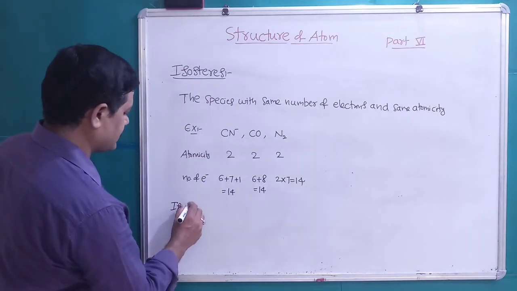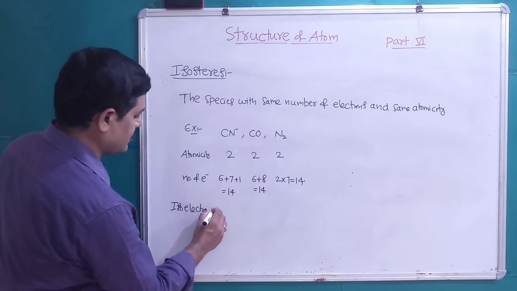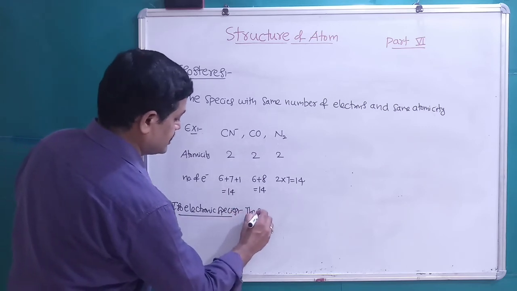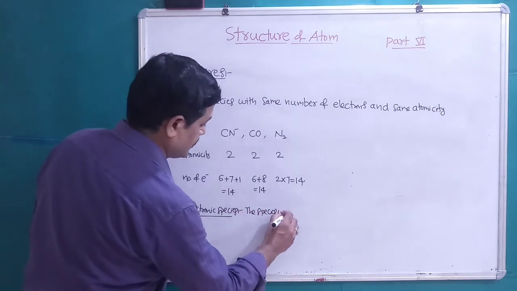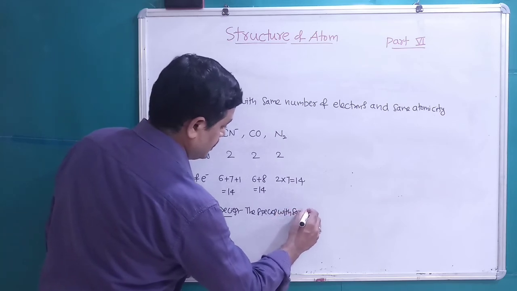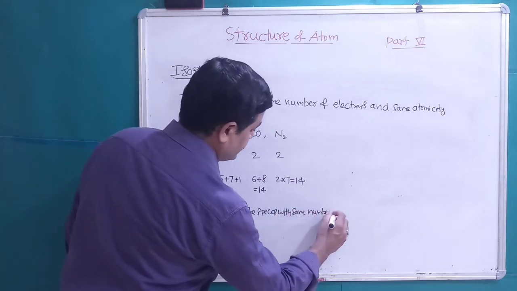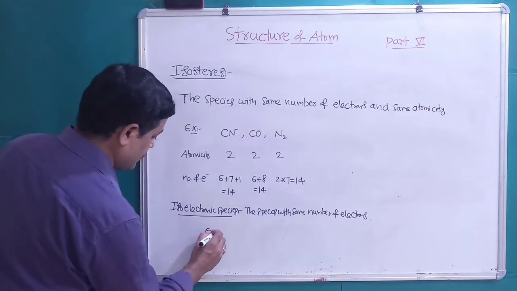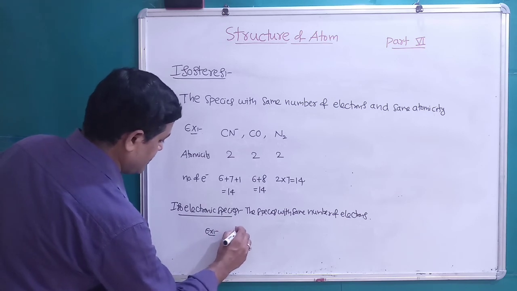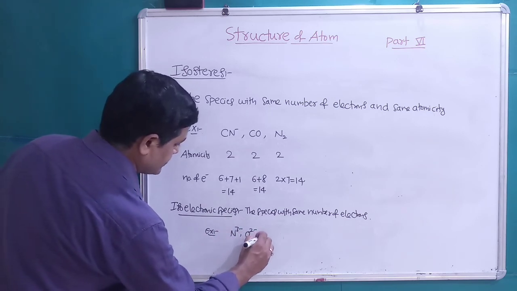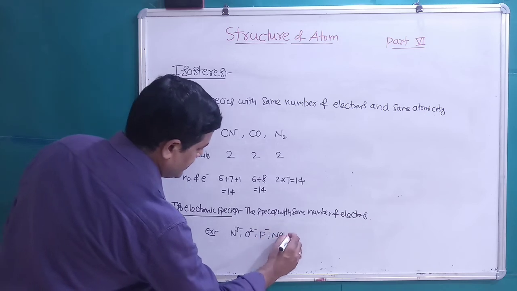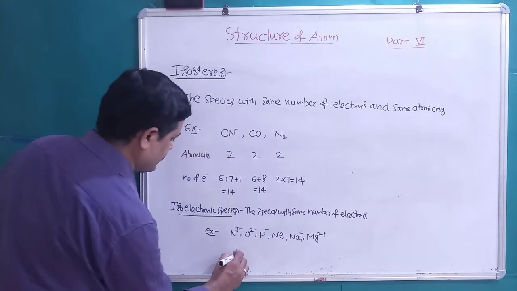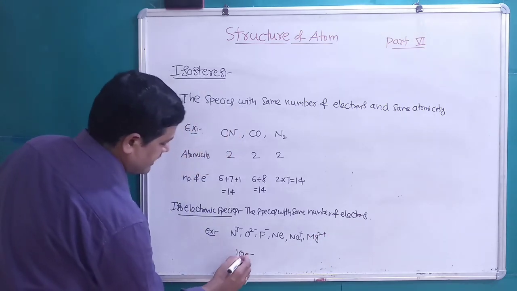Isoelectronic species: the species with the same number of electrons. Example: N3-, O2-, F-, Ne, Na+, Mg2+, etc. All have 10 electrons each.